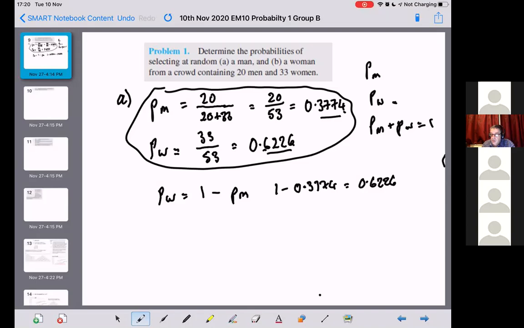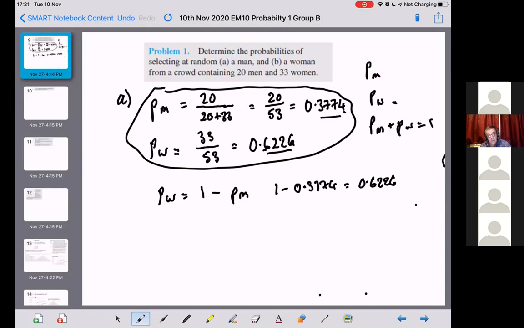Or you can use the fact that both of these two add up to 1 to find the second value. There are times when you'd need to use either of those methods, depending on what you've been given in the first place. Everybody happy with that?